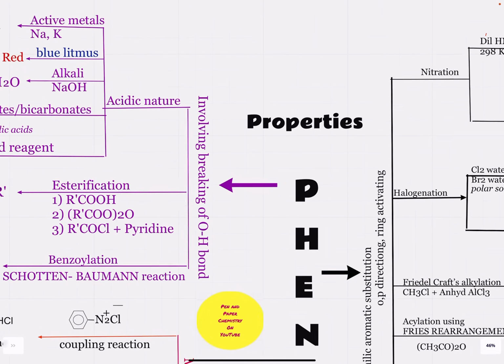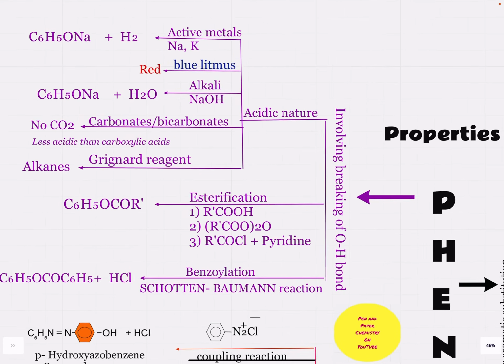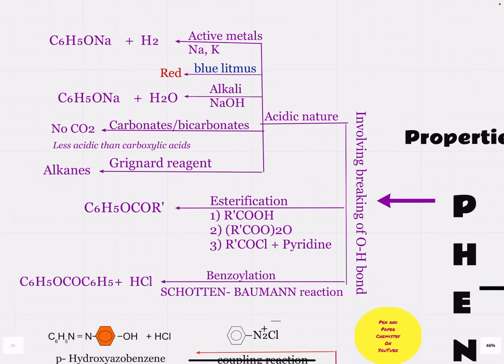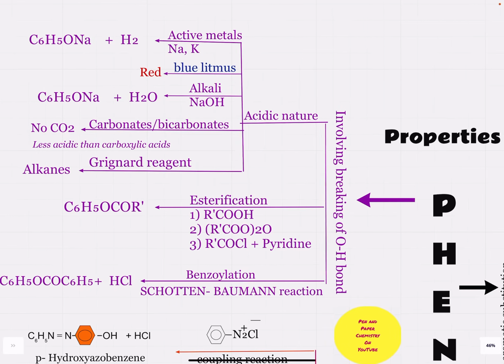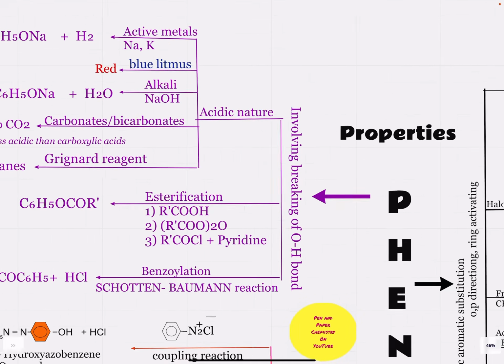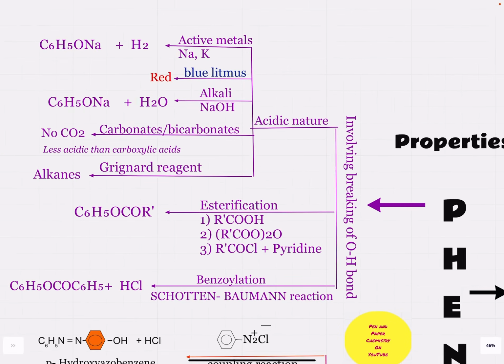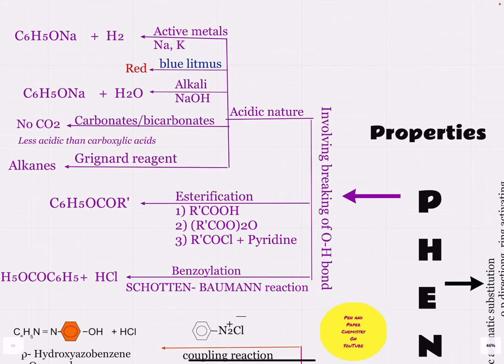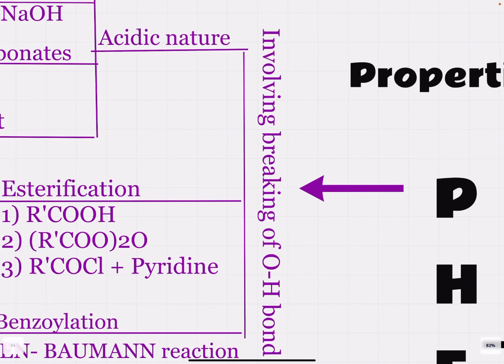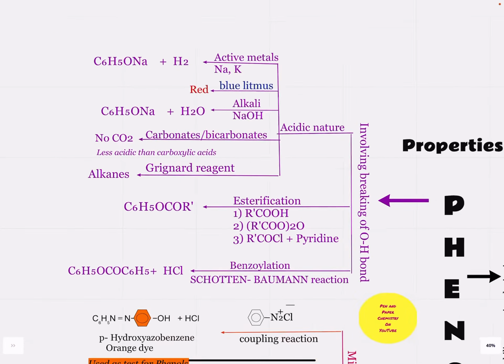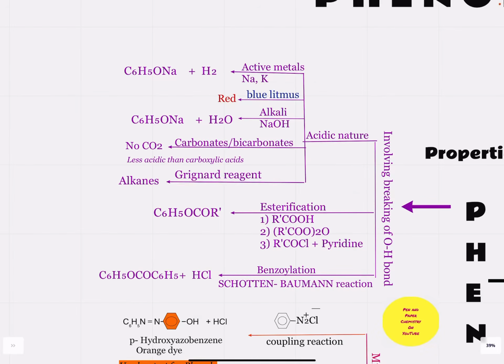And coming back to the properties, on the left-hand side, since I said the properties are too many, we are occupying the properties on the left and the right-hand side of this page, and this is very clearly decipherable from the direction of the arrow. So the second set of properties involves the breaking of the OH bond.